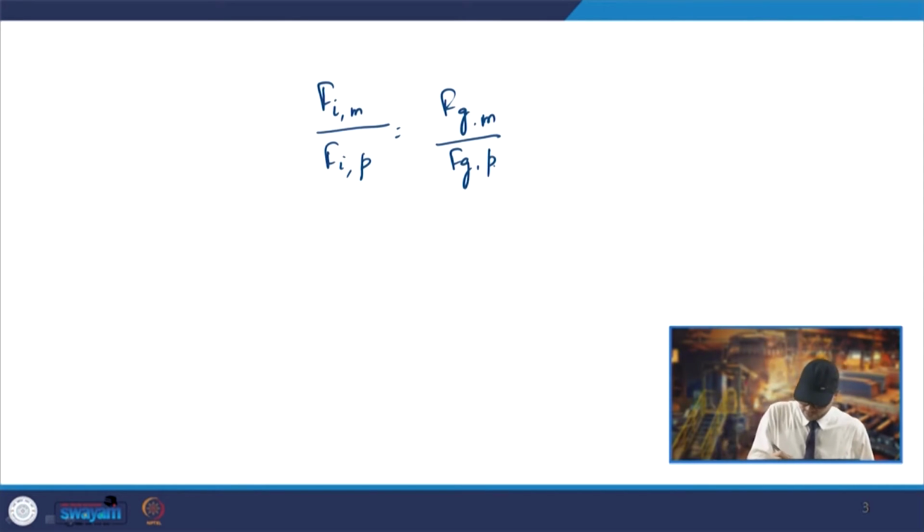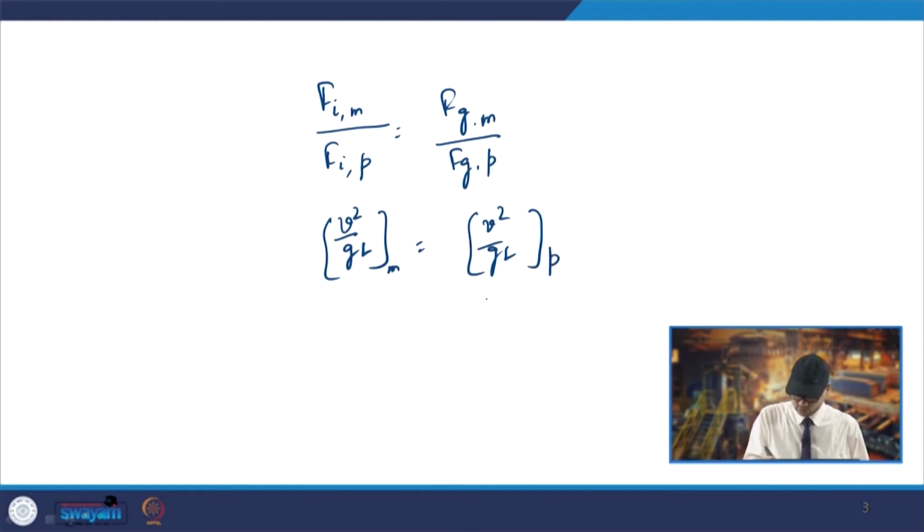What you see here is you get V square by G L of m should be equal to V square by G L for the p. So, you get another number, that is your Froude number, and the Froude number for the model should be equal to the Froude number for the prototype.